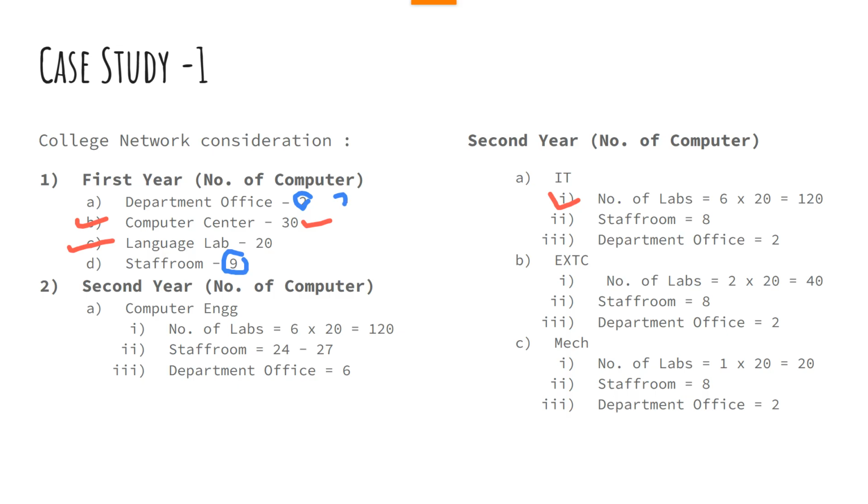The problem is that in the department office we have only 2 machines. The cost of providing connectivity and redundancy to these 2 machines is the same as the cost of providing redundancy to 9 machines. The reason is we get a switch which is of 16 ports. So might as well I'll combine these two.